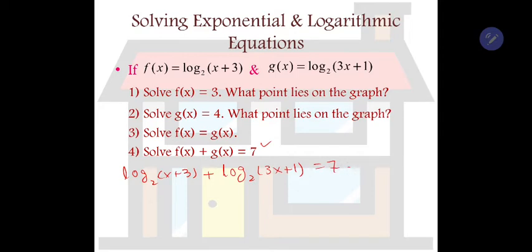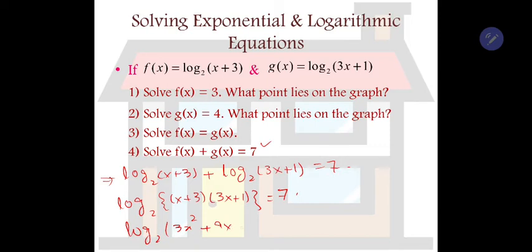We can again use one of the properties of log, two logs with a plus sign between them. So we can write this expression in the form of a single log, and that would be log base 2 of (x plus 3) times (3x plus 1) equals 7. Now let's multiply these two, and you will have inside 3x squared plus 9x plus x plus 3 equals 7.